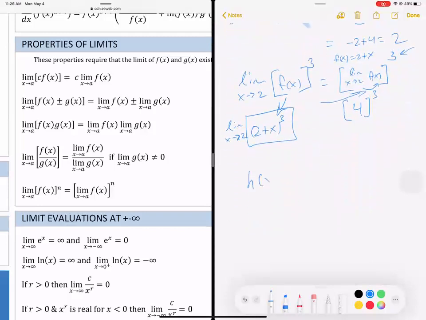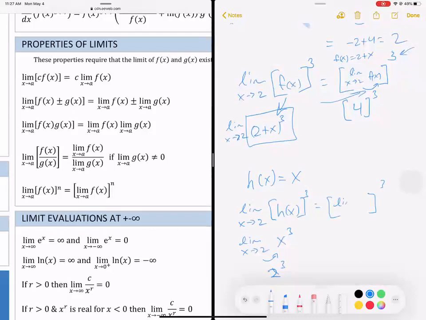Now, let me give you a really lame example. What if h of x was just x? The limit as x approaches 2 of h of x to the third power. Well, this problem would be easily done. This could just be limit as x approaches 2 of x cubed. And then we can plug it in, so it's going to be 2 cubed. Well, if we rewrite this, we could write the bracket on the outside.